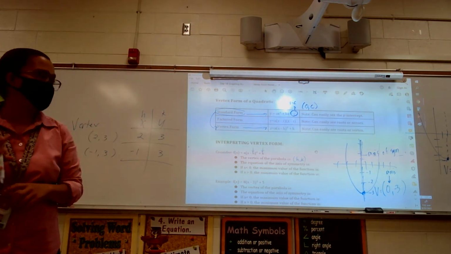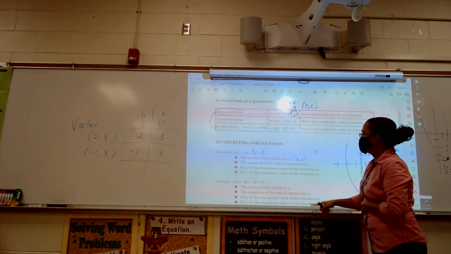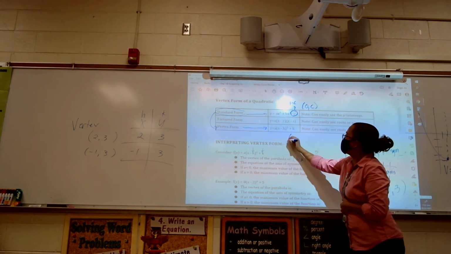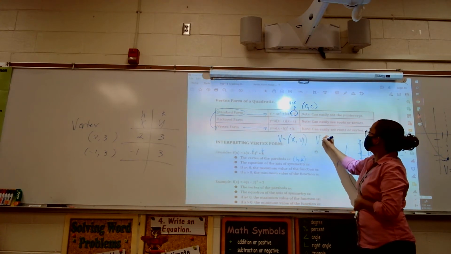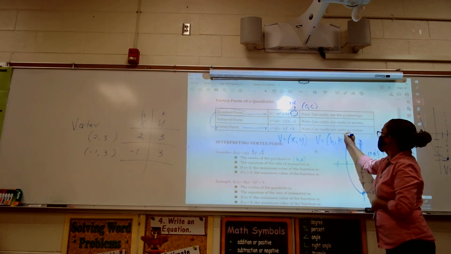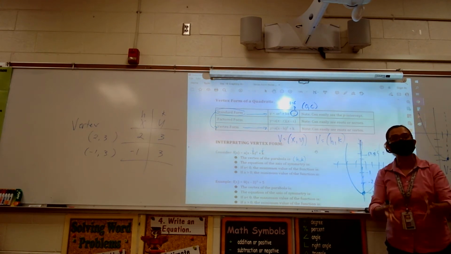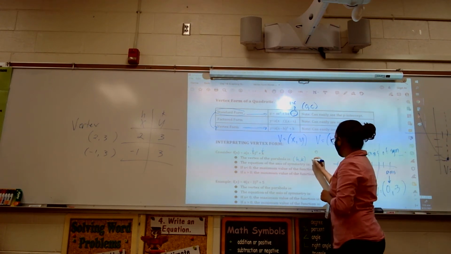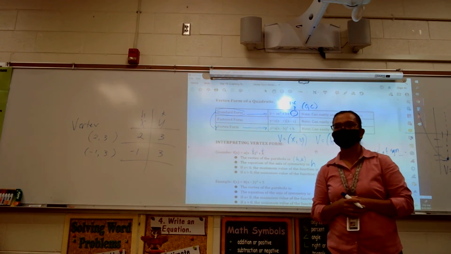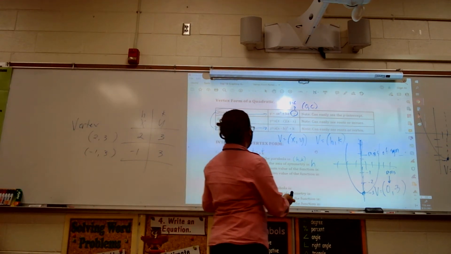It's an X. Now, in the equation of the axis of symmetry, if I told you that the vertex is X, Y, and we are using H, K, which one between these letters represents the axis of symmetry? H. Okay, good job. H.